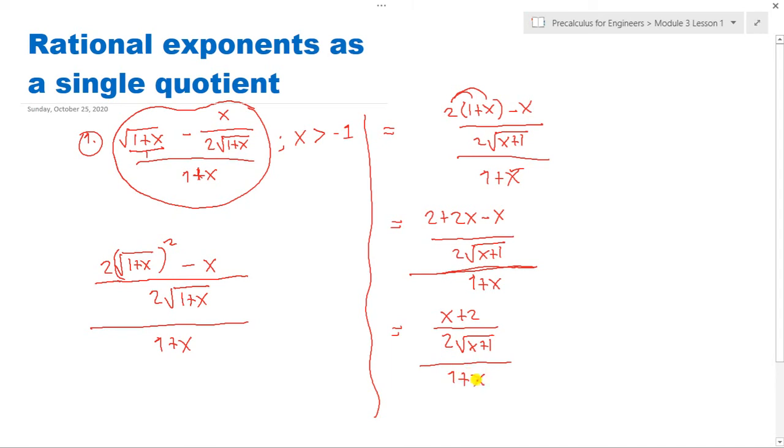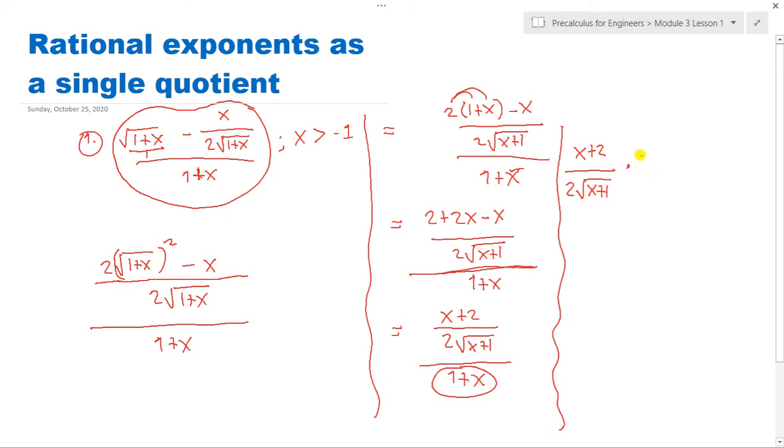Then, to divide fractions, just reciprocate. So take the reciprocal of the divisor. Since this is the divisor, take its reciprocal, and then proceed to multiplication. So here we have x plus 2 all over 2 square root of x plus 1.